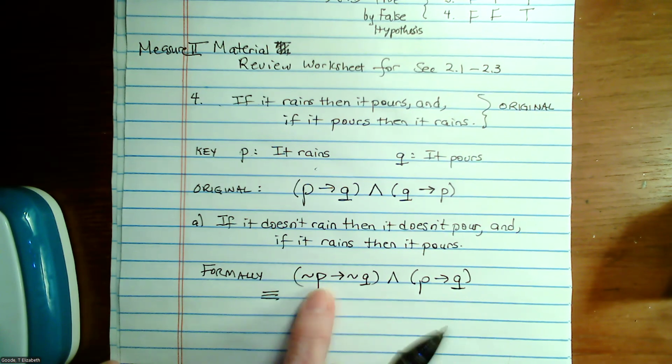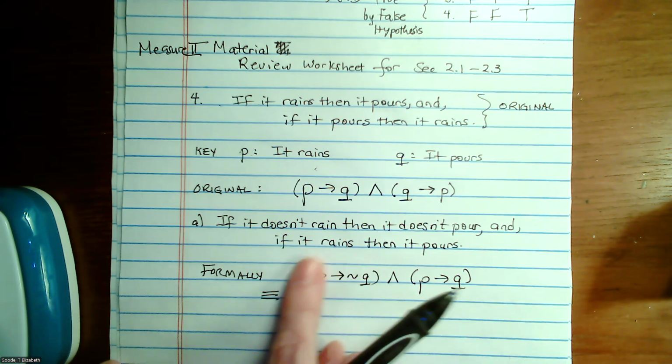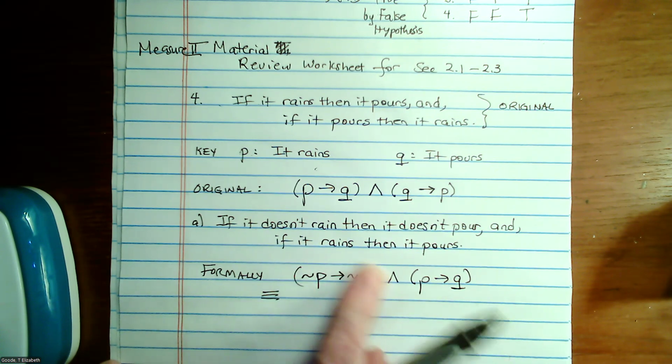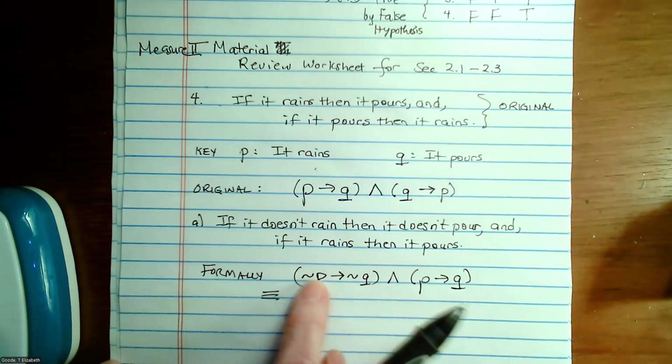So how could we rewrite this as an if-then that's logically equivalent? Do you remember how we would write the contrapositive of this? We switch the P and the Q position and we negate both of the components.